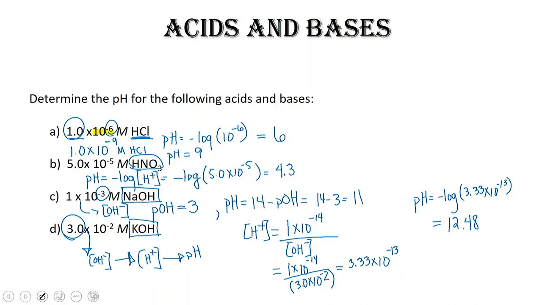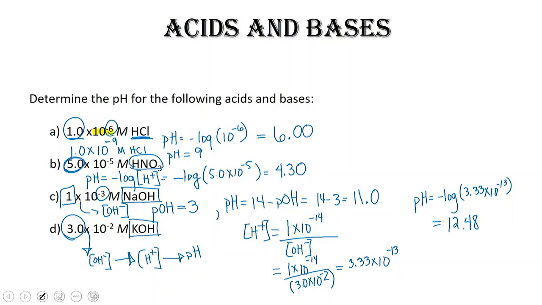So at the top, for letter A, our coefficient has 2 significant figures, so our pH should have 2 decimal places. Since our coefficient has 2 significant figures, we need to have 2 decimal places in our pH. I put that back in my calculator, and the next digit is a 0. Okay? We have, for letter C, let's put our 1 decimal place because our coefficient had only 1 sig fig.